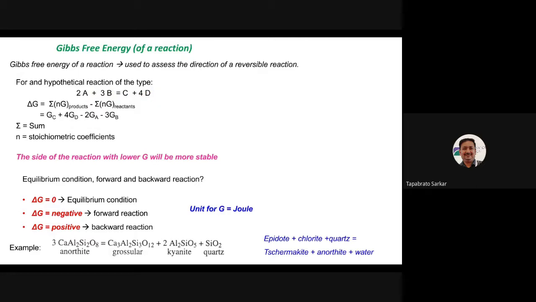Okay, sir, when do we have 0? When the summation of the G of the reactants and the summation of the G of the products are the same, which means they are in equilibrium. And that is when del G equals 0.